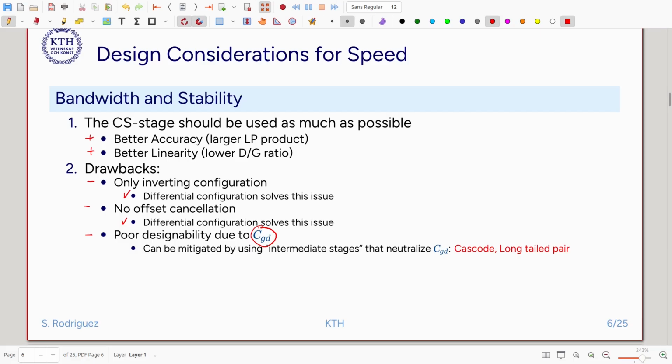So the nonlinearities of the amplification actually get amplified by the Miller effect. So this capacitance becomes very nonlinear.